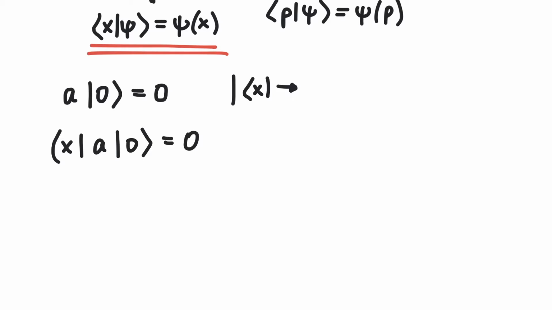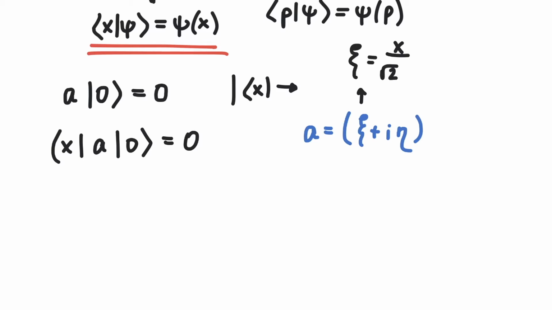Now we need the definition of the annihilation operator. The annihilation operator was given by ψ + iη. ψ was based on the position operator x divided by the square root of 2 and x0, and η was based on the momentum operator, so p divided by the square root of 2 and p0.